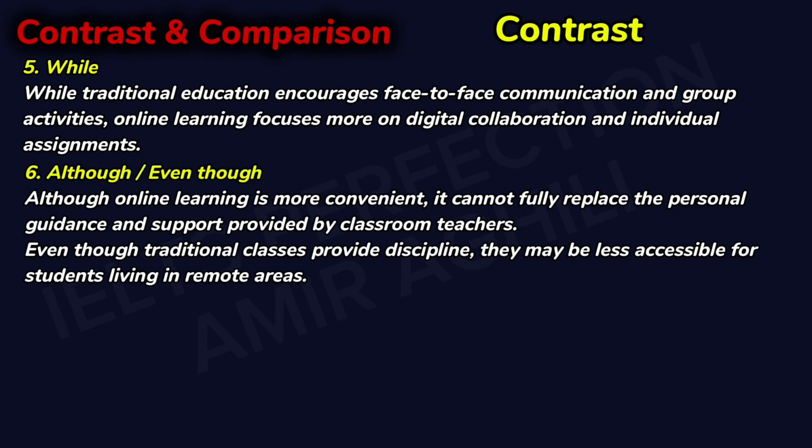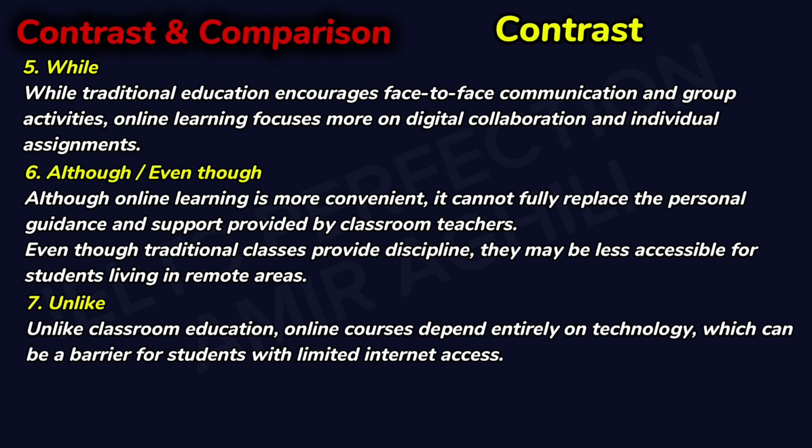Although online learning is more convenient, it cannot fully replace the personal guidance and support provided by classroom teachers. Even though traditional classes provide discipline, they may be less accessible for students living in remote areas. Unlike classroom education, online courses depend entirely on technology, which can be a barrier for students with limited internet access.